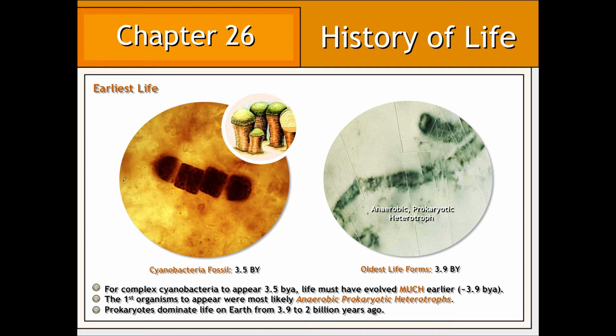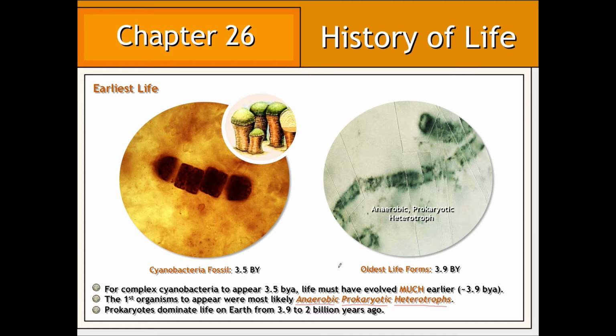And based on the conditions of the early Earth at that time, we can also safely assume that these first life forms were anaerobes due to the lack of oxygen in the atmosphere. They were, of course, prokaryotic, and they were heterotrophs.